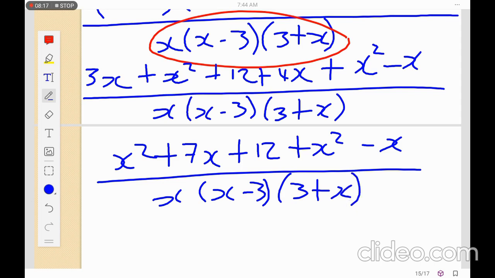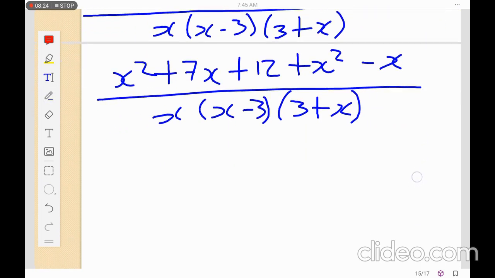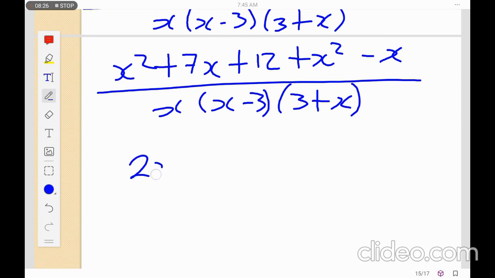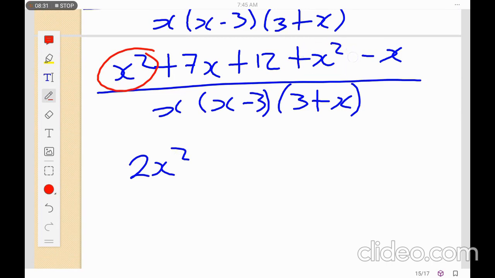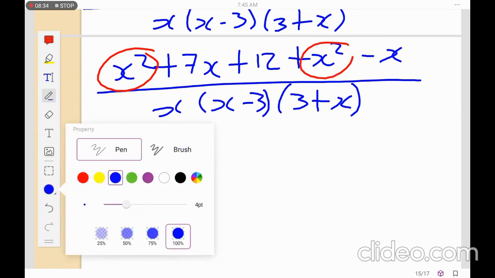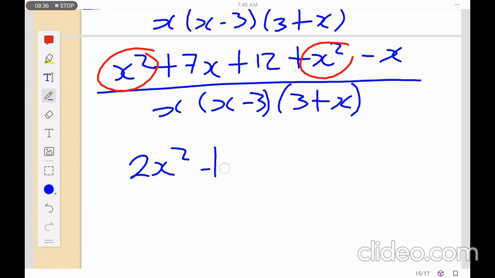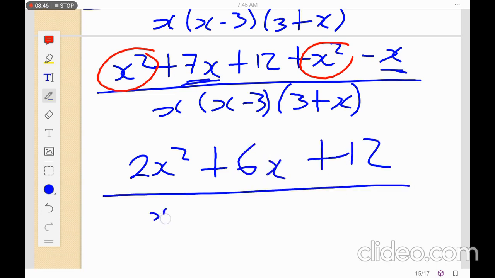Now we can simplify again. If I add them together, I'll have 2x squared. Then I have the 7x minus x, and I'll have plus 6x, then plus the 12. Then all over x minus 3 and 3 plus x there.